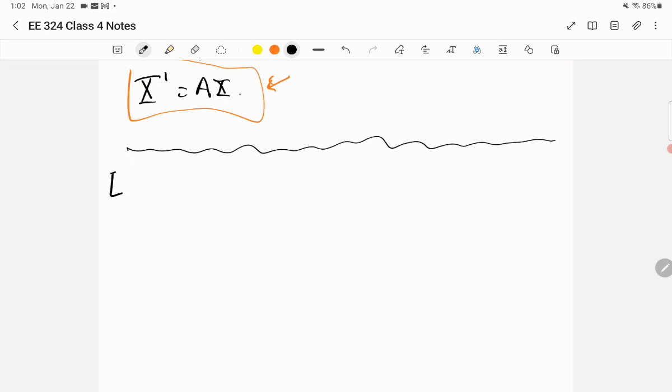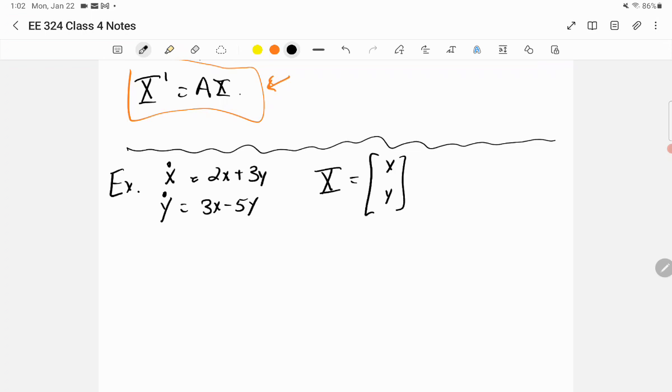So as an example, suppose we have the following system: x dot is equal to 2x plus 3y, and y dot is equal to 3x minus 5y. Okay, then our vector x, we're going to write that as x, y.